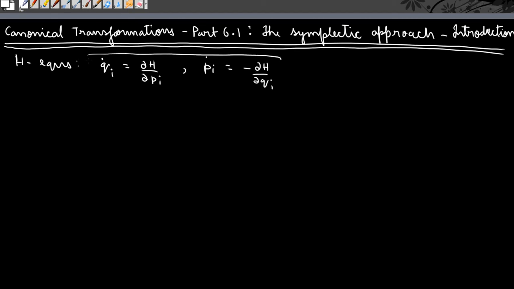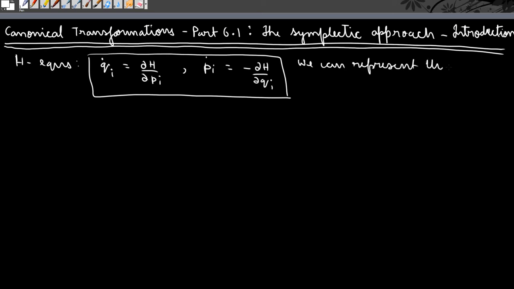So this is the Hamilton's equation, and we can represent it in matrix form also, and that is what we are going to see first.